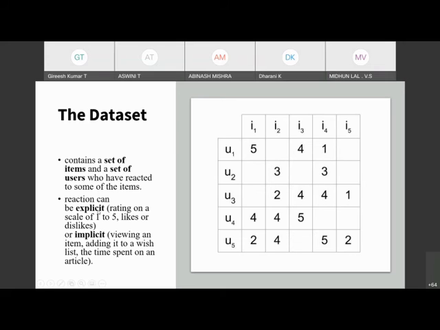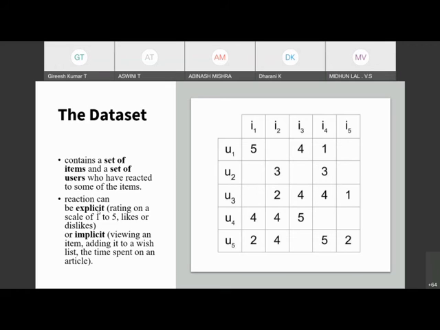Reactions can be explicit. Here we have two different types of reactions. One reaction is that you directly give a star, 1 star, 2 star, 3 star, and so on. Another type of reaction is that you give some comments.